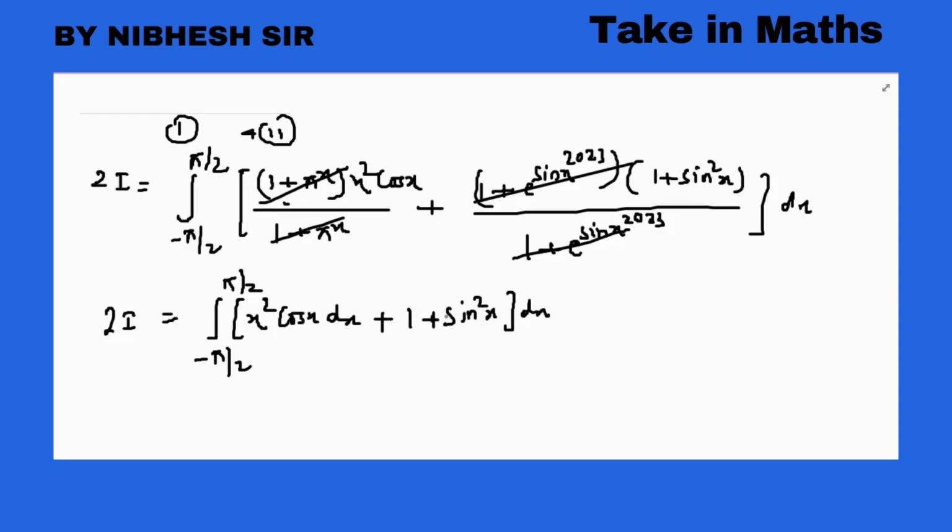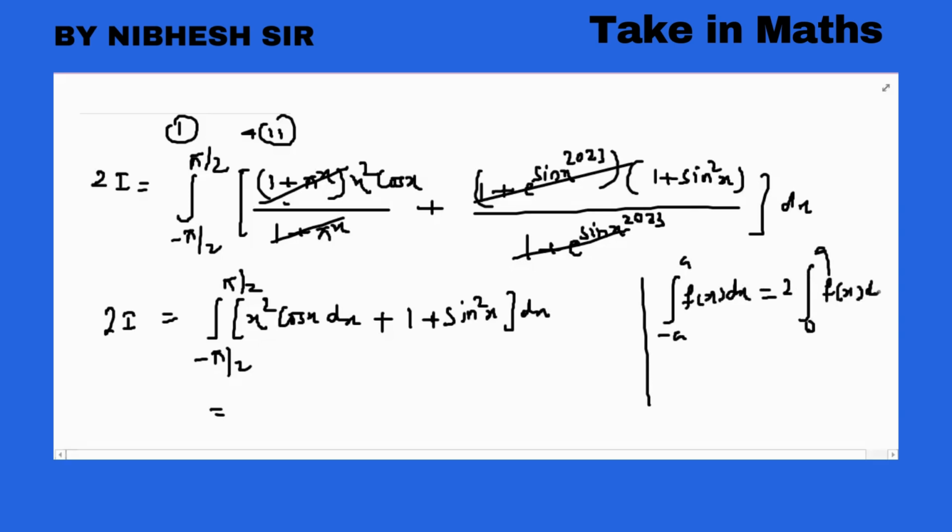So overall the given integrand is an even function, and we can write this as 2 times: when the function is even, the integral from minus a to a of f(x) dx equals 2 times the integral from 0 to a of f(x) dx.